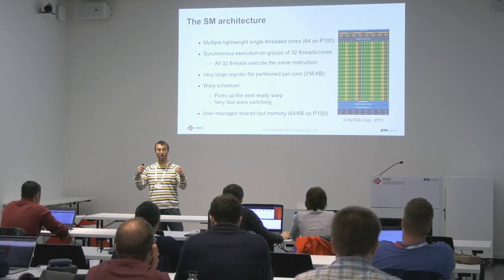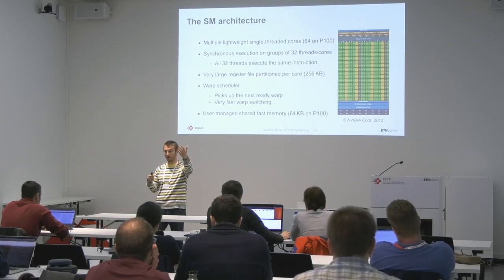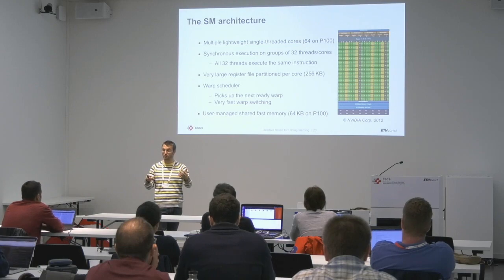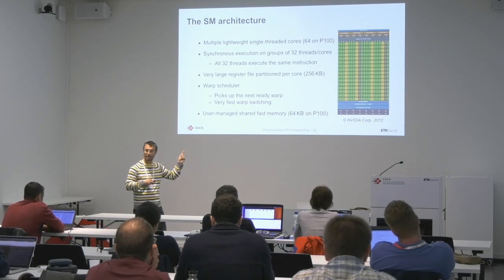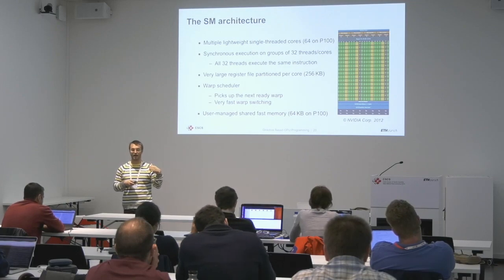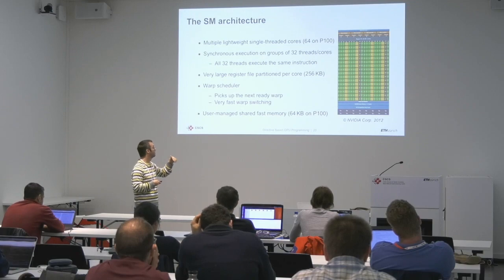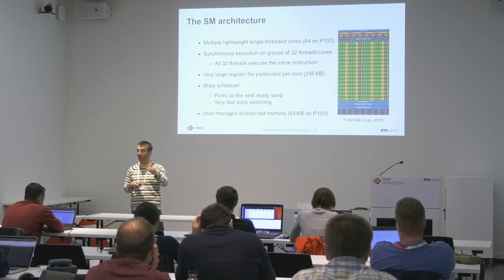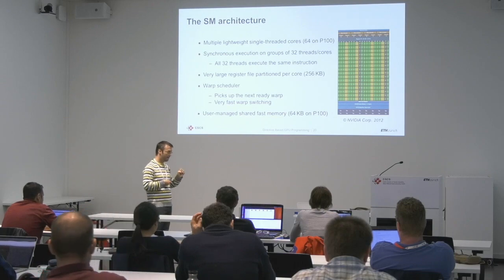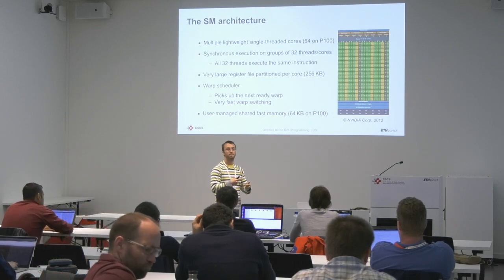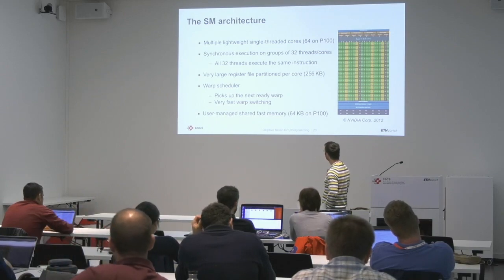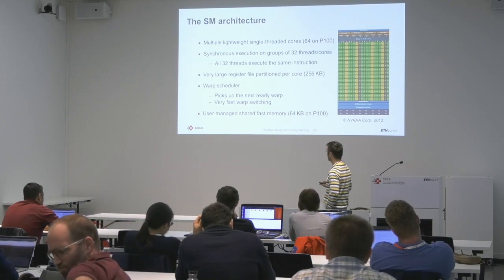But if one of the threads of the warp does a memory access and it's not a hit, so it should wait for the memory, then the warp scheduler should find another warp that is ready to run and schedule it. And there should be enough warps there so that it can hide the latency of the first warp that was waiting for memory access. And the next thing is that this scheduling is very, very fast. And we will see how this huge register file helps with this.